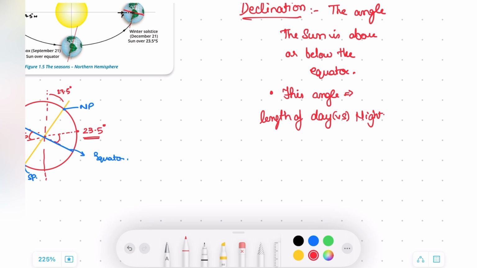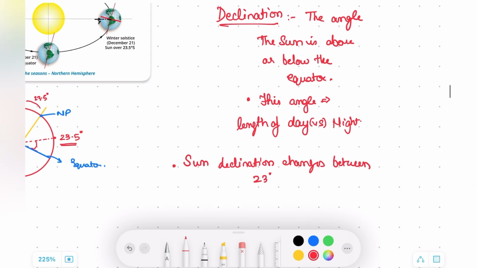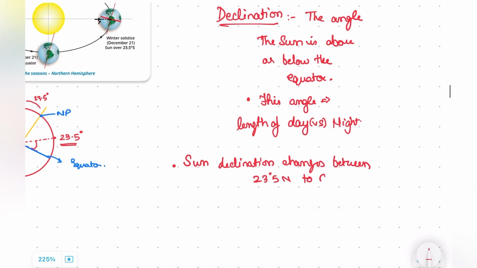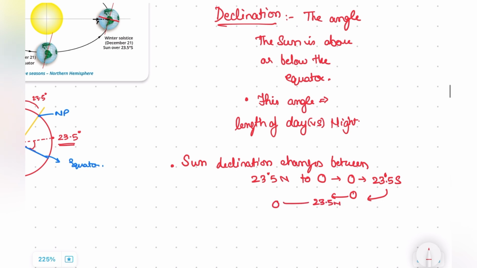Now, the maximum position it can have, the sun's declination. Okay, if I were to say it, the sun's declination changes between 23.5 degrees north to 0, followed by 0 to 23.5 degrees south, back to 0, from there back to 23.5 degrees north, back to 0, and so on and so forth.